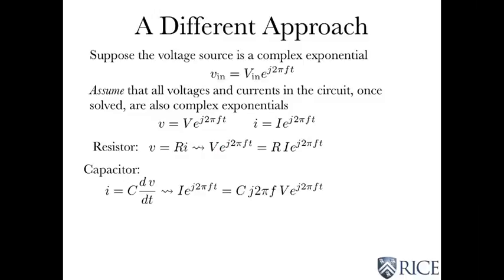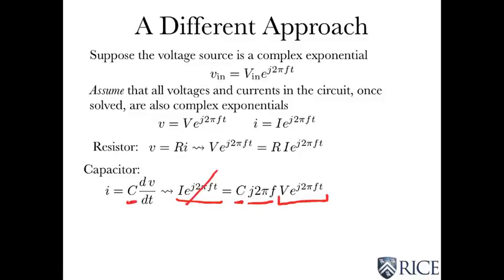This is an interesting point about this cancellation. So let's talk about a capacitor. I equals C dV dt. So here's the current I. And the derivative of this is just j 2 pi f times the same thing because of the properties of the exponential. And we need to plug in the capacitor value because that's what's over here.